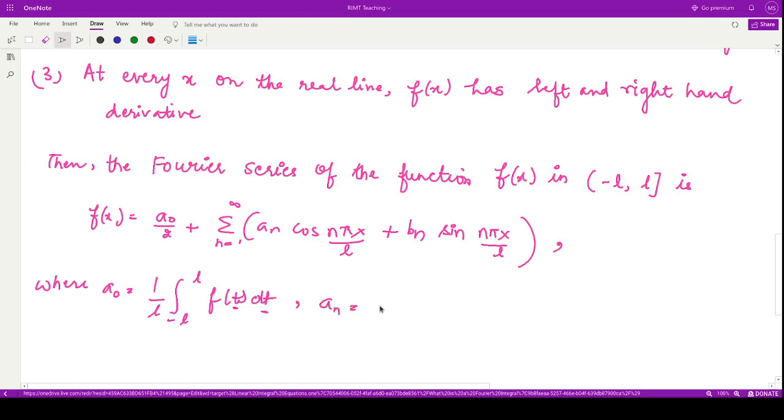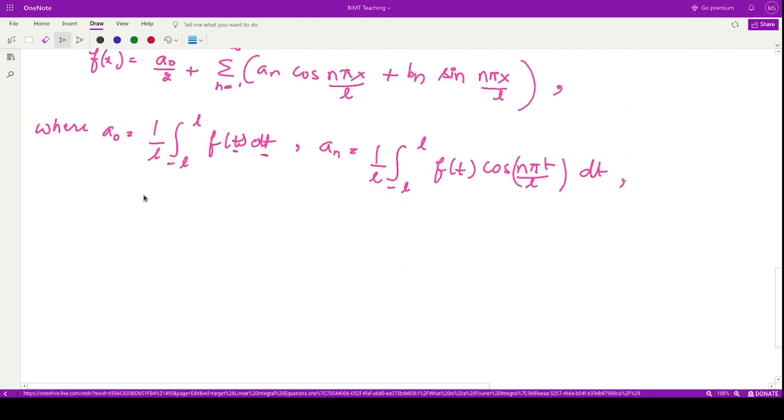Then a n is given by 1 by L, integration minus L to L of f of t cos n pi t upon L dt. In a similar fashion you can write b n, which is given by 1 by L, integration minus L to L of f of t sin n pi t upon L dt. So these are the coefficients.